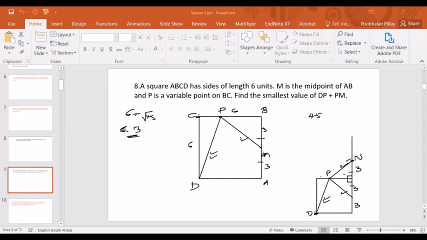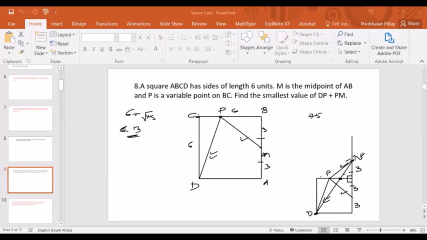Because when you draw, forgetting this, let's just draw this thing. So when you take the straight line, this P, if P was here, then DP plus PN is longer than this thing here because this is a straight line.